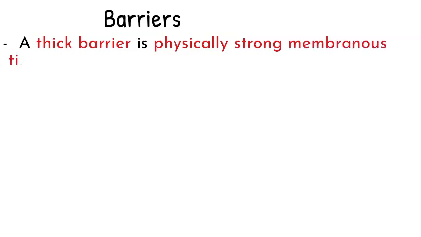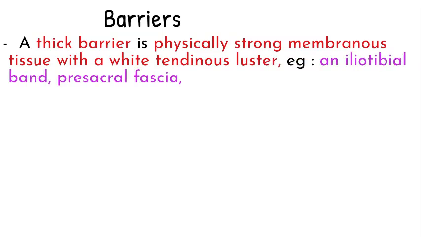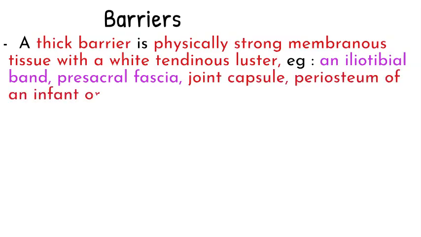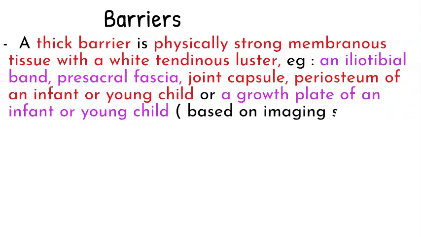A thick barrier is physically strong membranous tissue with a wide tendinous luster, for example, an iliotibial band, presacral fascia, joint capsule, periosteum of an infant or a young child, or a growth plate of an infant or young child, based on imaging studies.